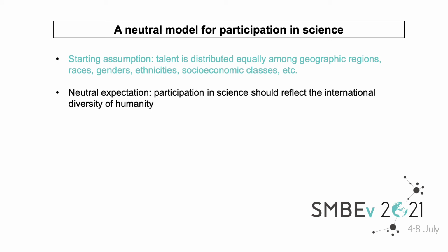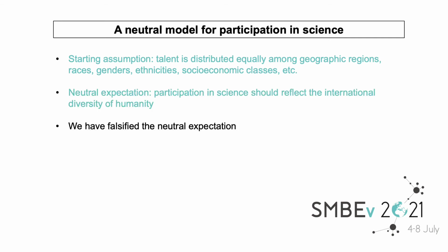If that is true, then our neutral expectation would be that participation in science should reflect the international diversity of humanity. That is, any given group should be represented in science proportional to their representation in the global human population. I don't think I need to show you data for you to believe that we have falsified that neutral expectation.